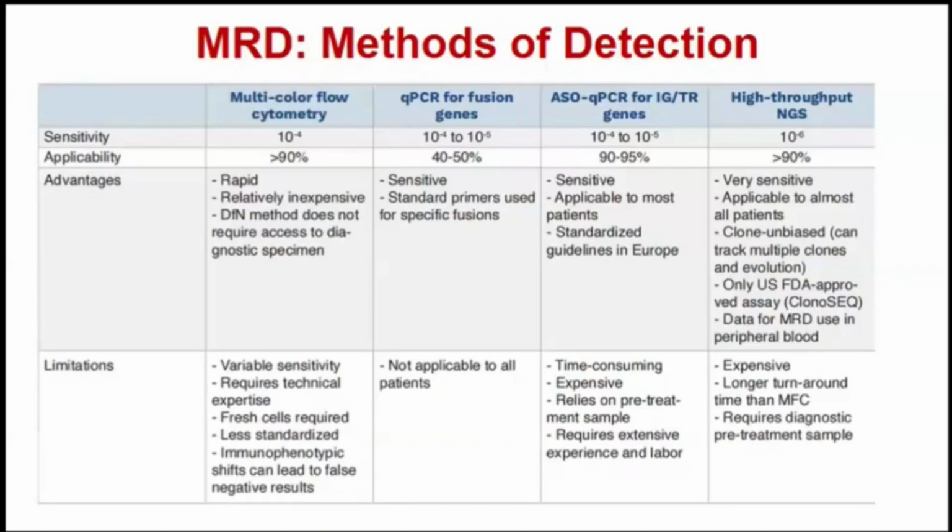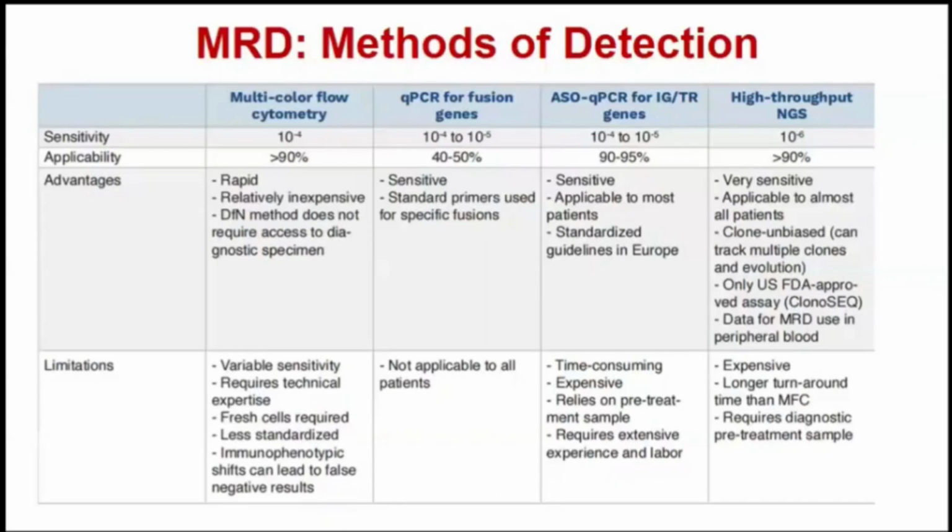So till the time we don't have clinical trials to address the question of what level of sensitivity we really require for MRD, and when we should intensify the treatment and when we should de-escalate it, I feel we can definitely use all these methods for research purposes, for generating our own data. But from the practical point of view, what we should really be doing as a clinician is a matter of debate.